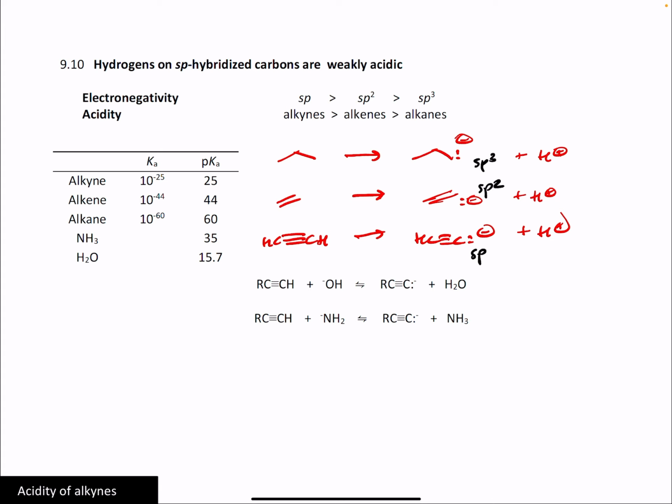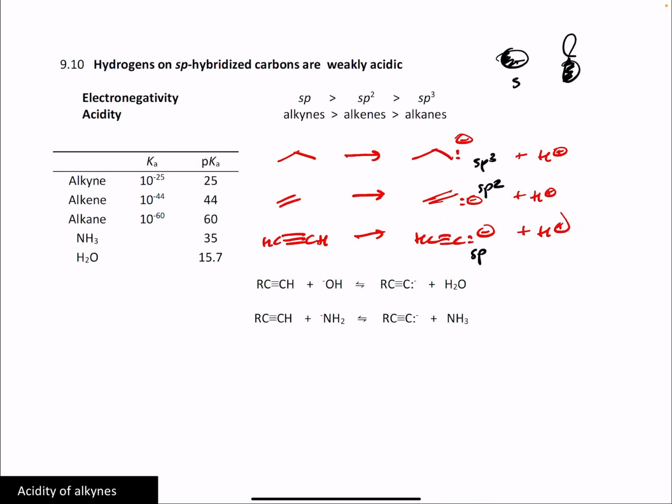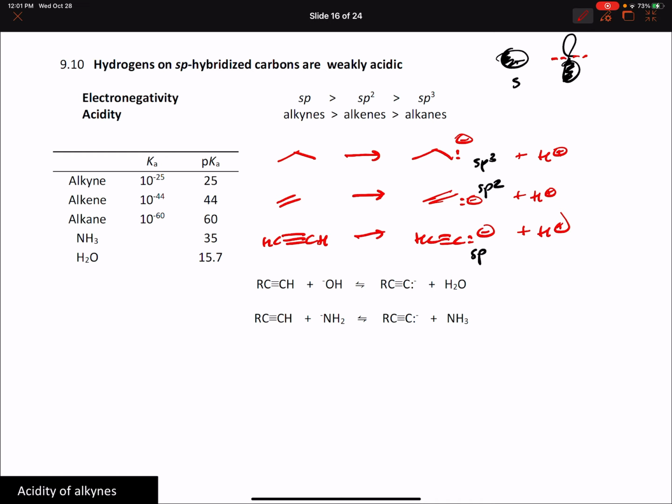What we remember about these is that the s character is important. If you're an electron in an s orbital, you can be very close to the nucleus. If you're in a p orbital, remember we have a node right through the nucleus, and you cannot be as close to the nucleus. So an electron prefers an s orbital.